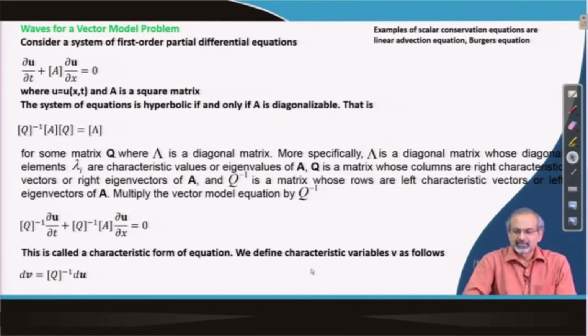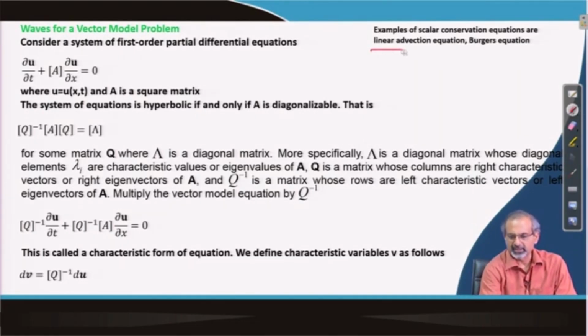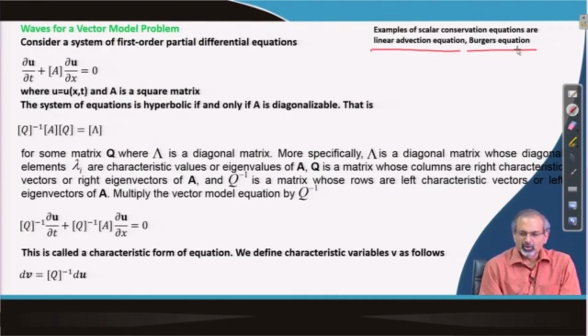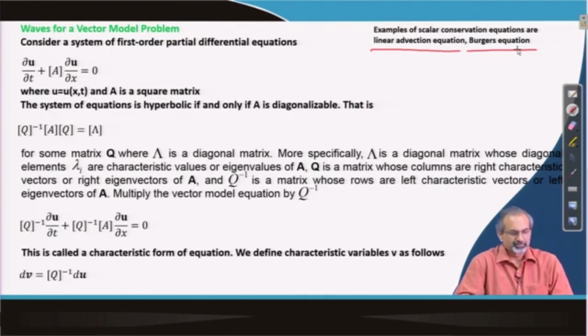Now, in the previous lectures, you will recall that we have relooked at the scalar conservation equations related to the wave kind of problems. So, we looked at some of the results specifically for linear advection equation and Inviscid-Burgers equation. So, they were all scalar conservation laws.